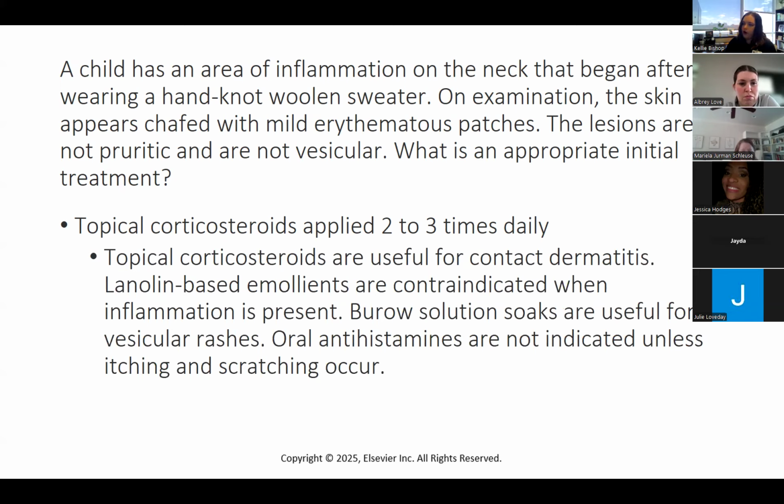Oral antihistamines are not indicated unless there's itching and scratching, and burrow solution is really helpful if there are vesicular rashes, but for this, where it's just patchy and chafed and irritated, the topical corticosteroids will help the most.